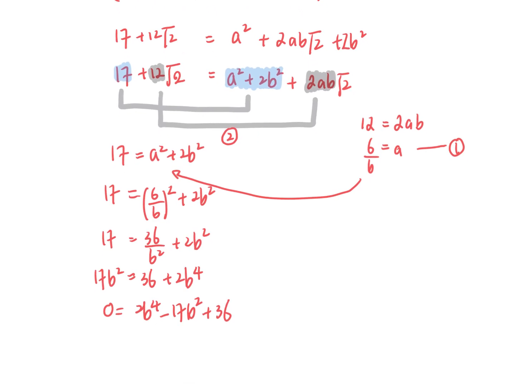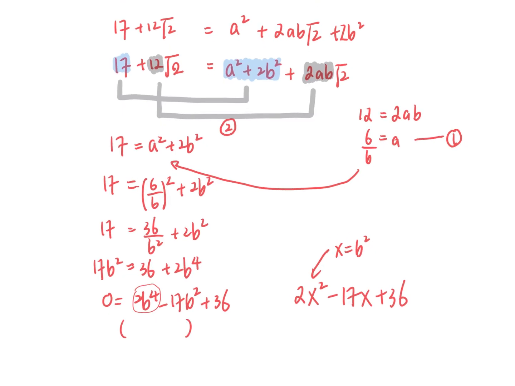Okay, go and factorize. It gives you... Oh, did I use the wrong one? Is A or B? Oh, separate one. Yes. How do you factorize this thing? You can just pretend this to be like 2x square minus 17x plus 36. Because the x, you can let it be b square. Okay?